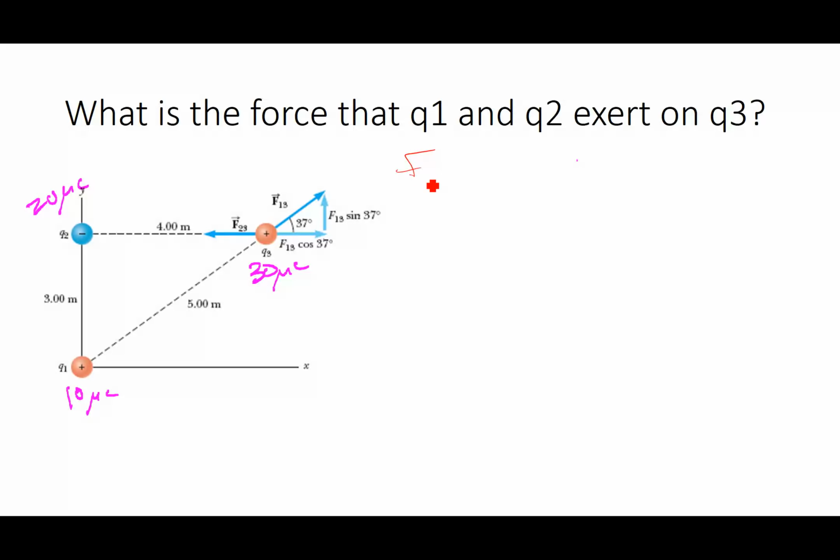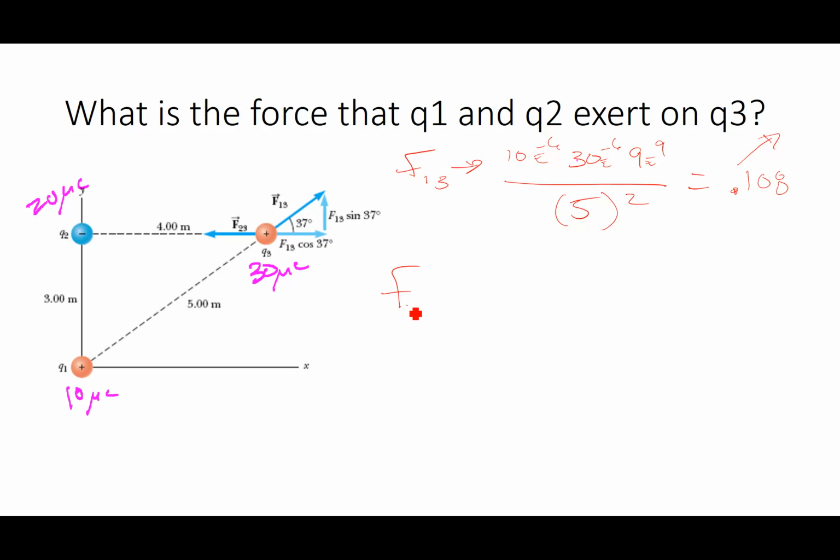So F1 on 3 is equal to 10 e to the negative 6 times 30 e to the negative 6 times k constant, 9 e to the 9, over 5 squared. Into my calculator, 0.108. And that force is kind of up like that. Little arrows just help me remember these things.